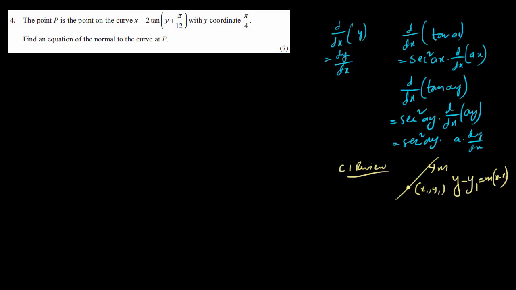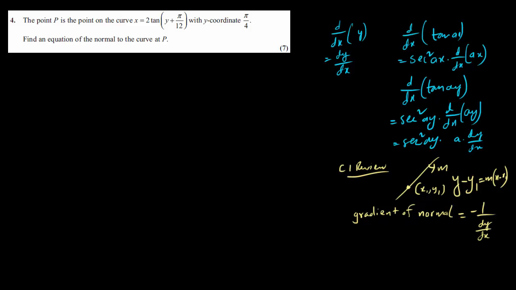That's the equation of the line. Now the gradient of a normal line is equal to minus 1 by dy by dx, meaning the gradient of the curve at that particular point. So these are the two things that we need to know.